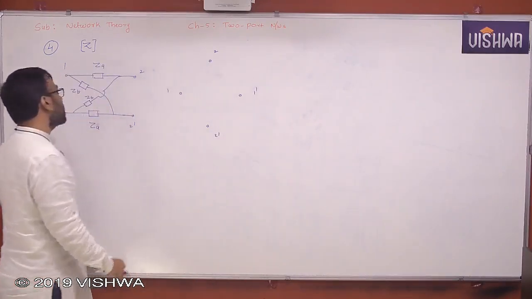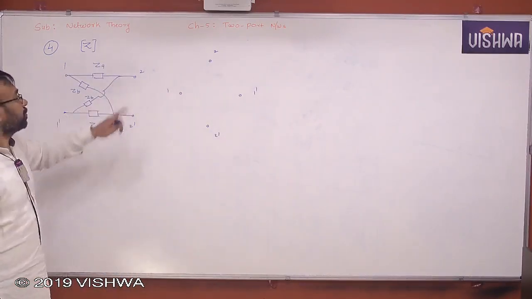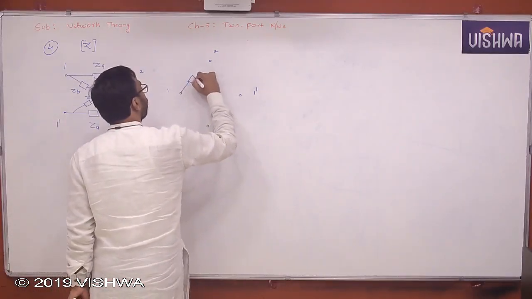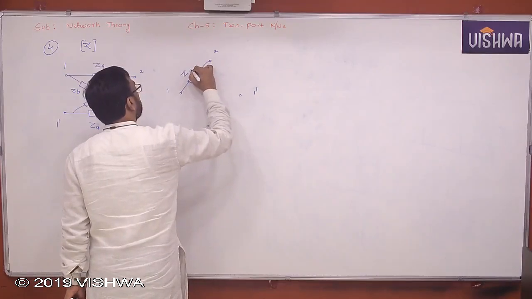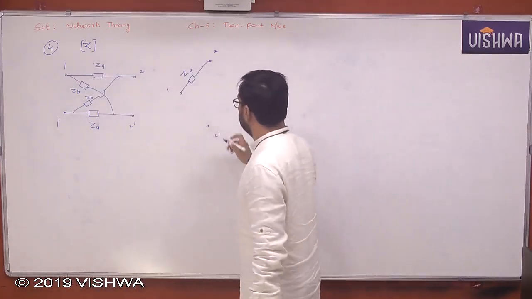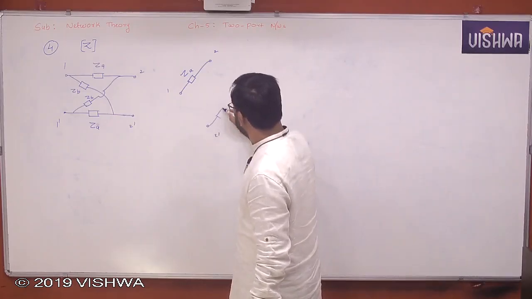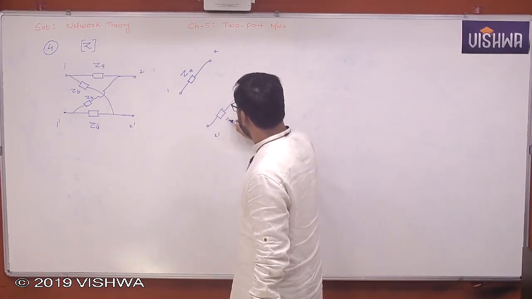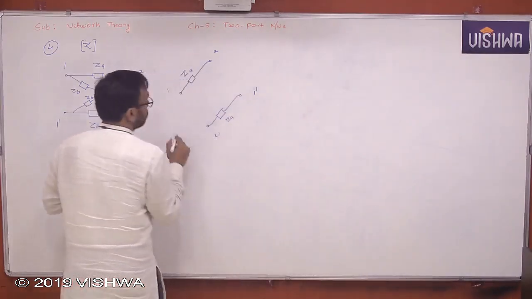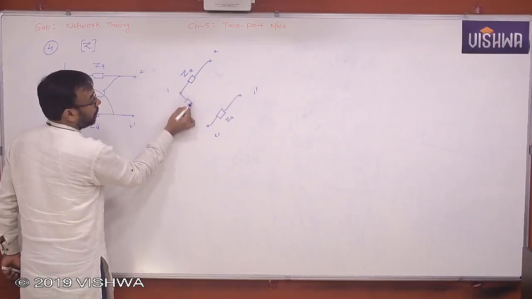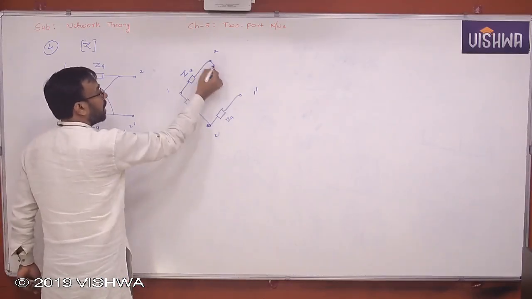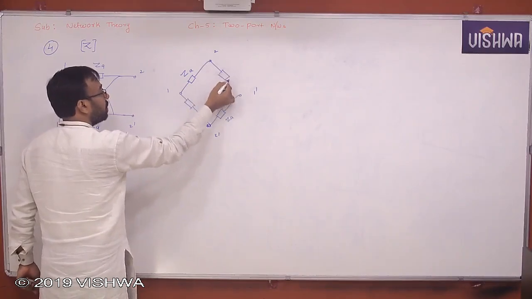What are the elements connected between 1 and 2? ZA. What are the elements connected between 1 dash and 2 dash? ZA. What are the elements connected between 1 and 2 dash? ZB. And here also ZB.